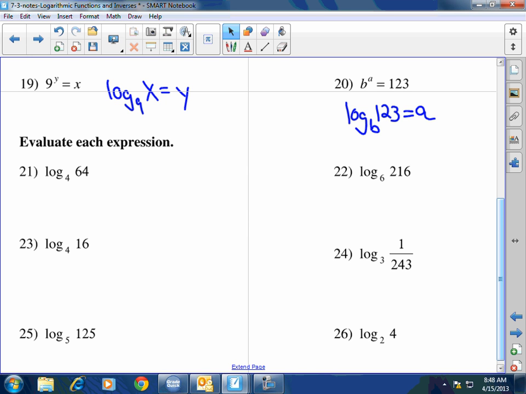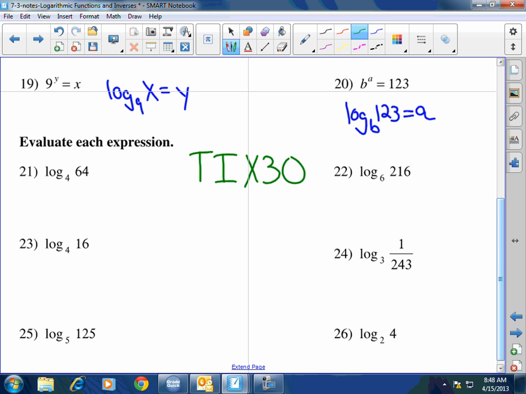I will tell you this, though. I was looking at everything that's coming up, and it breaks my heart, but you're going to have to get a calculator for this class. I suggest you go to Office Depot or anywhere and get the TI X30. It's not a graphing calculator. Do not get a graphing calculator right now.